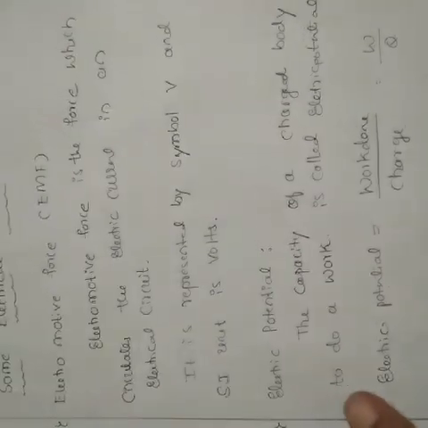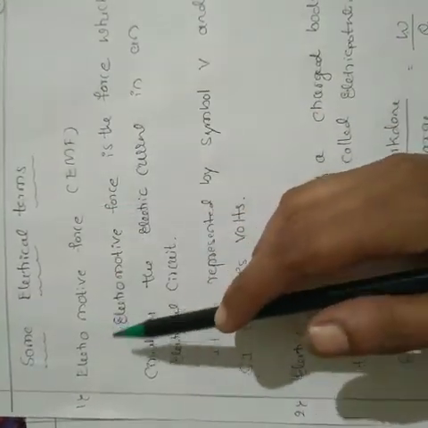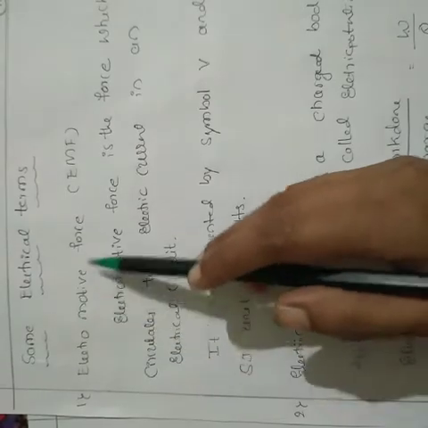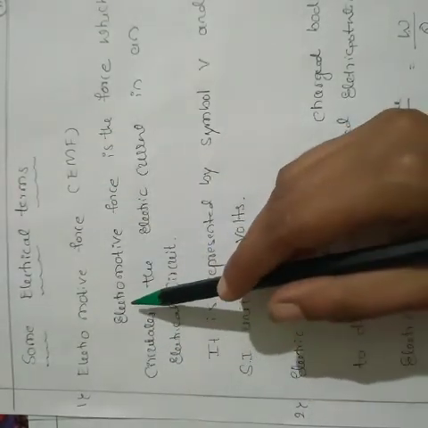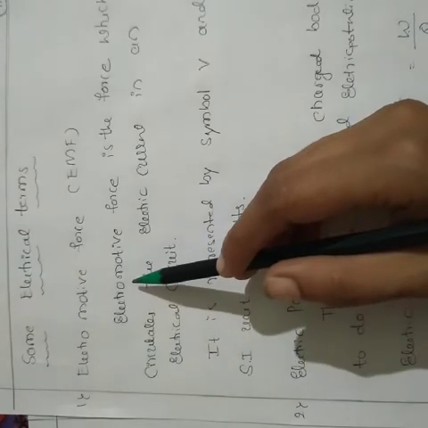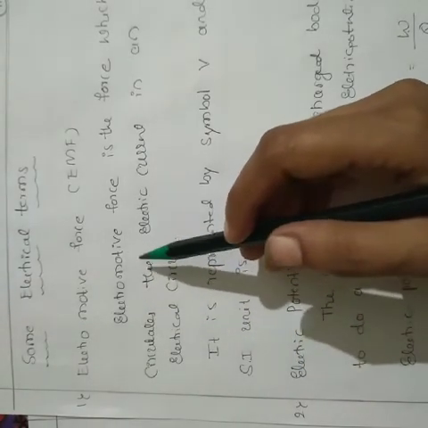Now the next concept, some electrical terms. That is electromotive force, meaning EMF. You can take another simple electric circuit. Here current will move from the positive terminal to the negative terminal.